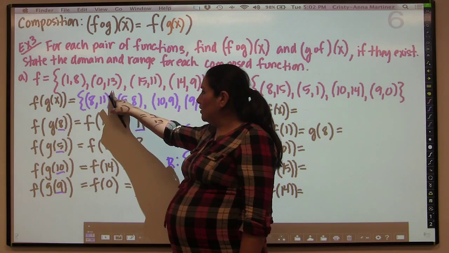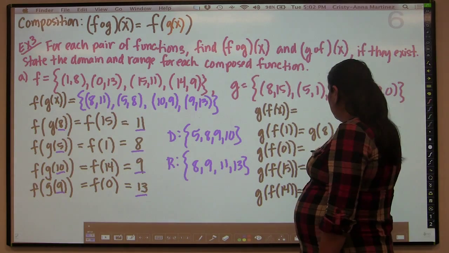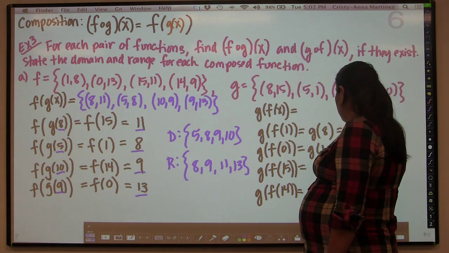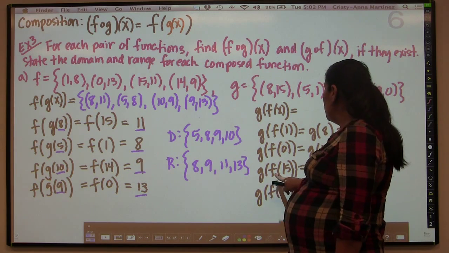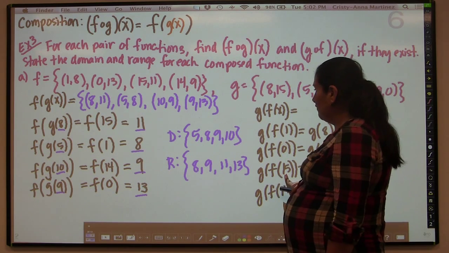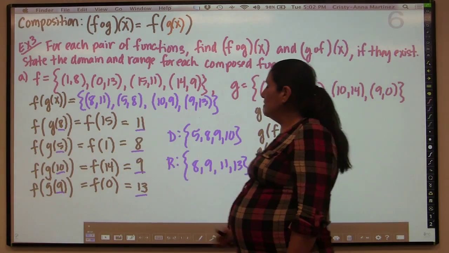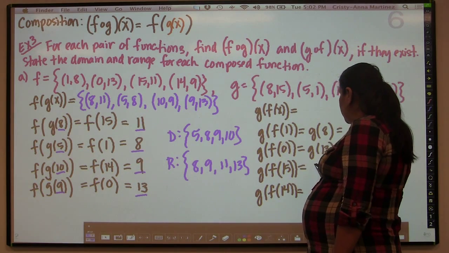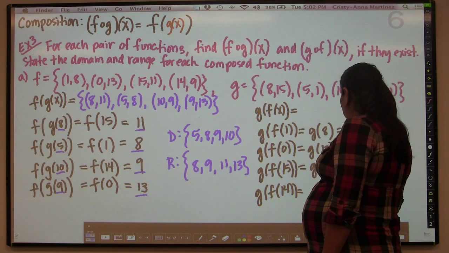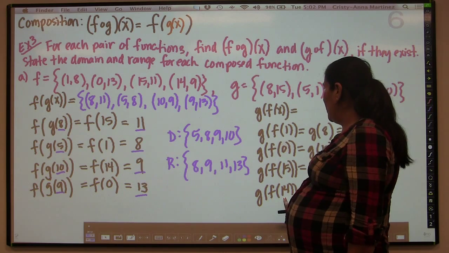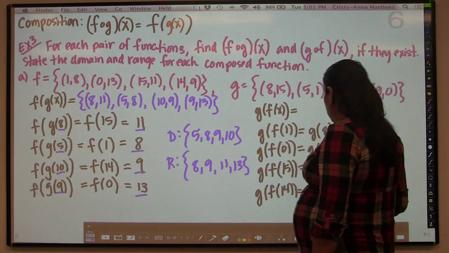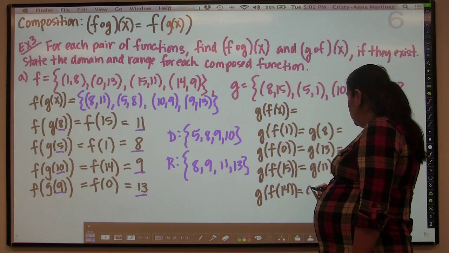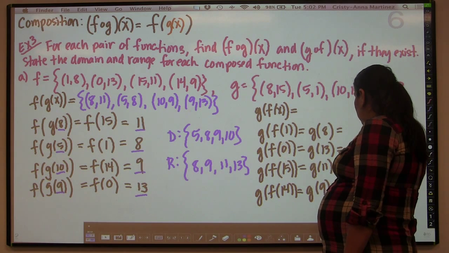The value of the f function when x is 0 is 13. So I'm going to replace f of 0 with 13. The value of the f function when x is 15 is 11. So I'm going to replace f of 15 with 11. The value of the f function when x is 14 is 9. So I'm going to replace f of 14 with 9 and get this.